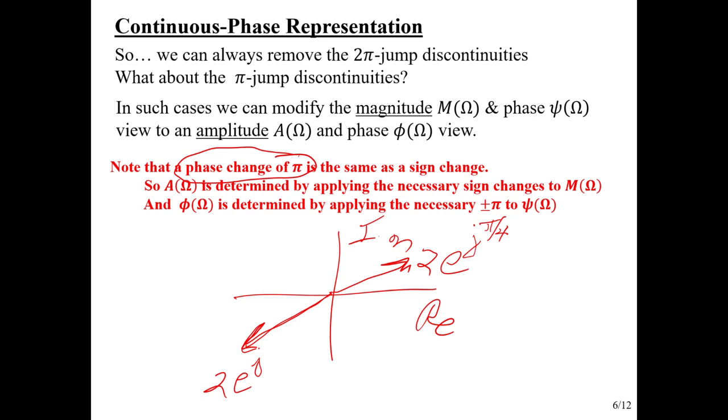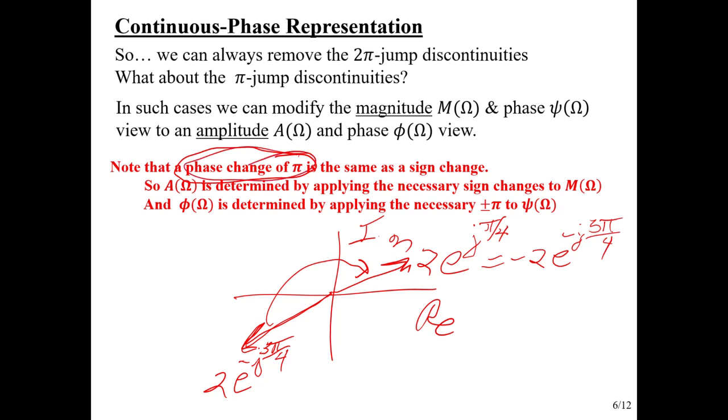Let me subtract pi from that. So that'll give me e to the minus j 3 pi over 4. So that's that. But if I want to get back over to here, those are negatives of each other. So I could write this as minus 2e to the minus j 3 pi over 4. So that's what we're doing here.